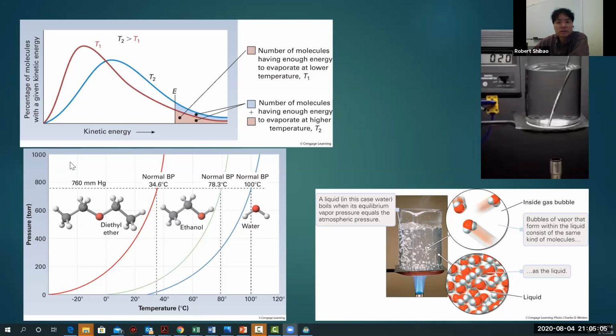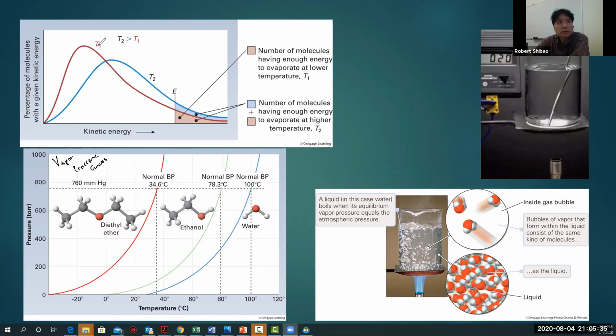These are vapor pressure curves. It just shows how the vapor pressure changes with temperature. This is pretty much dictated by the kinetic energy curves here.